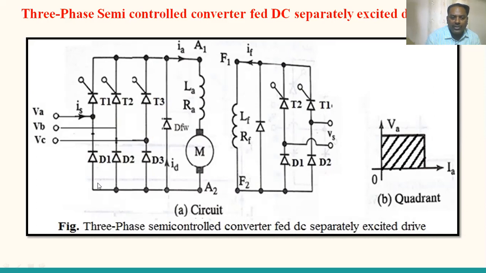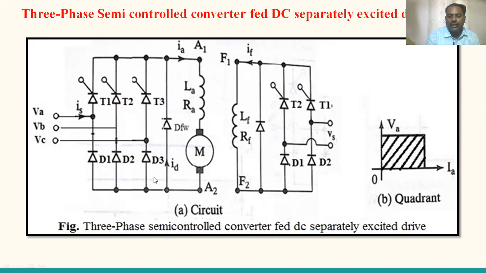There is no provision to conduct D1, because both switches in the same leg cannot function simultaneously. If they function simultaneously, it becomes a short circuit, and the entire circuit may be destroyed. So the same leg devices are not functioning together, which is why it can be either D3 or D2.